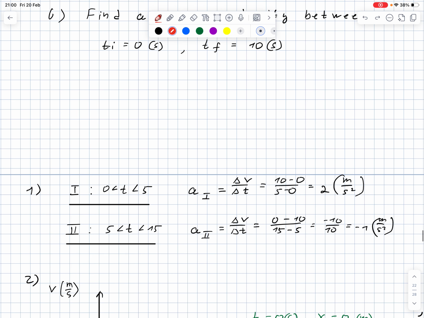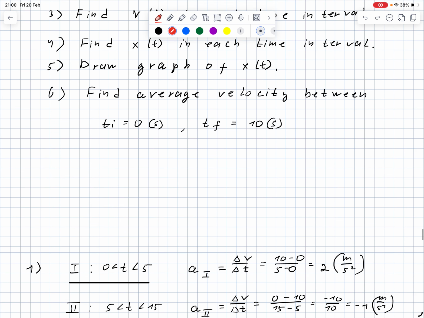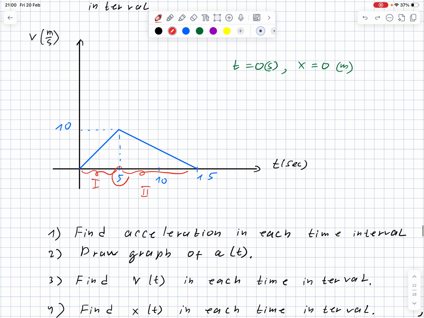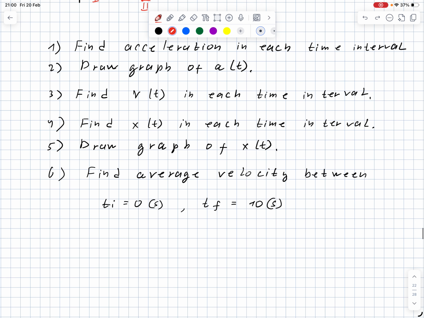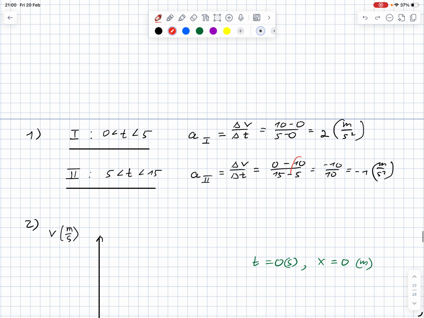And at the initial time of 5 seconds, the initial velocity is 10 meters per second. And finally, the acceleration of the second time interval equals minus 1 meters per second squared.